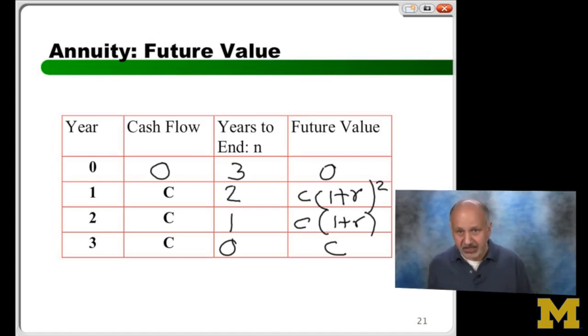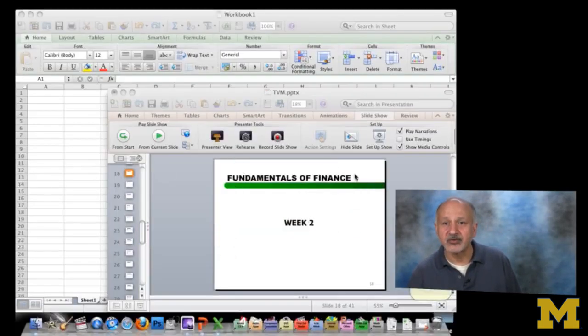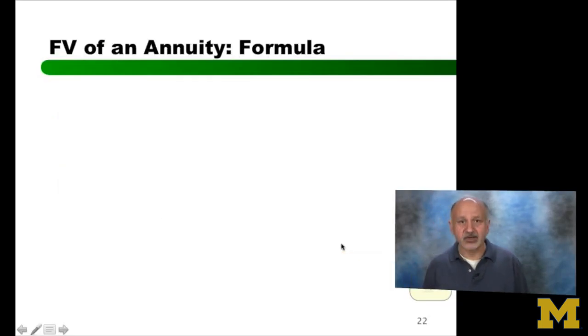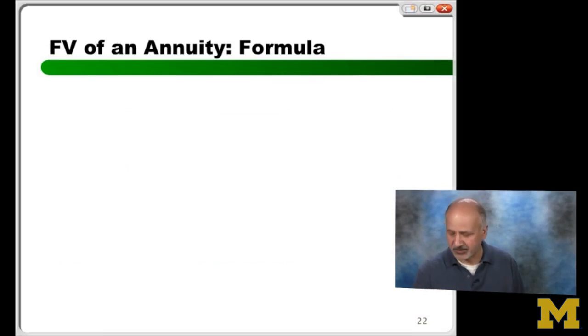Okay? So I'm going to move on and show you how to create the formula now. Again, I'm going to be a little slow in the beginning so that you understand what you're talking about. And so what's the formula? Remember, I'm doing future value of how many payments? 3 payments.